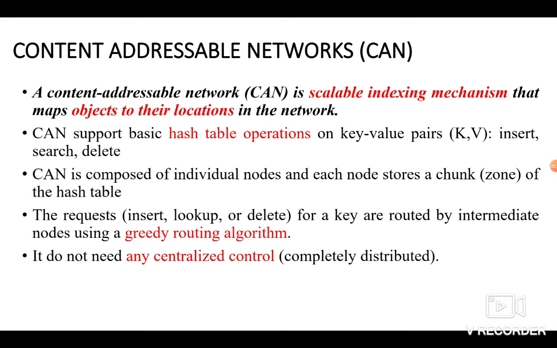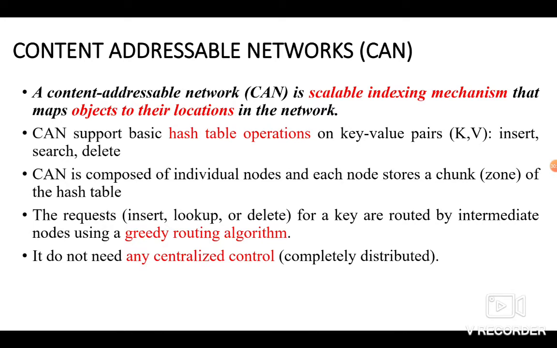So, what is Content Addressable Network? It is a scalable indexing mechanism. It is also used to map objects to their location in the network. Like the Chord protocol, CAN is also used to map a data object to a node.